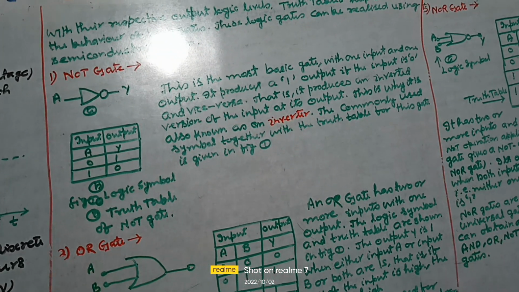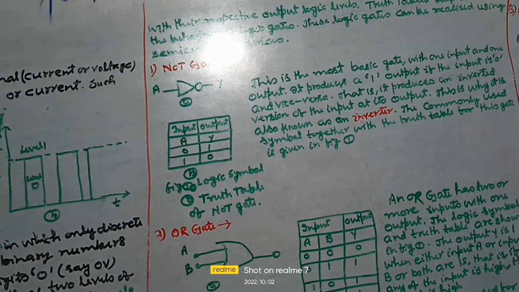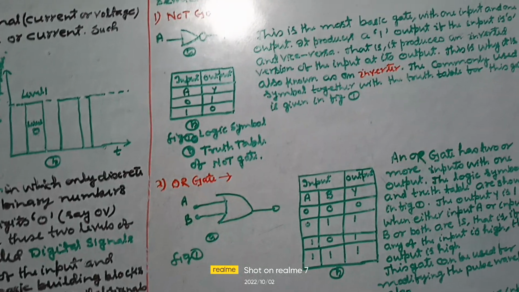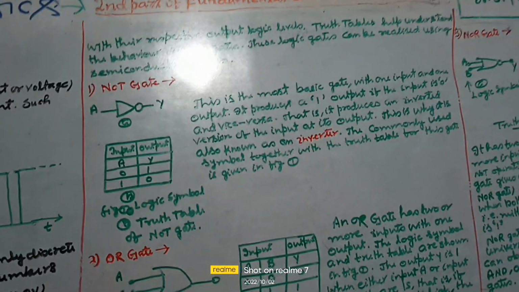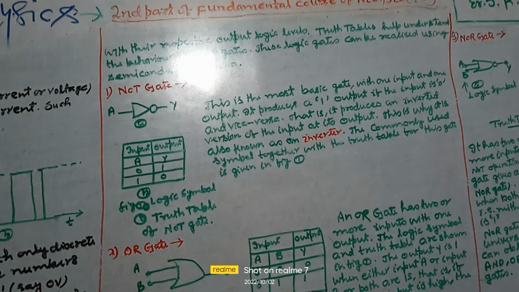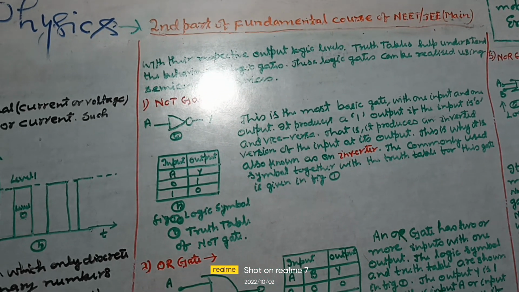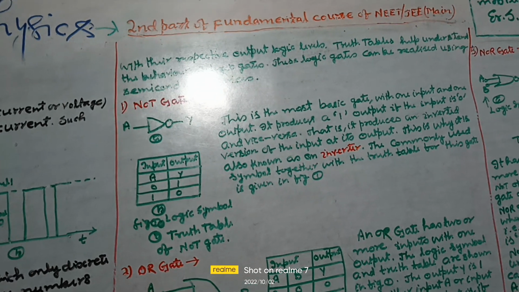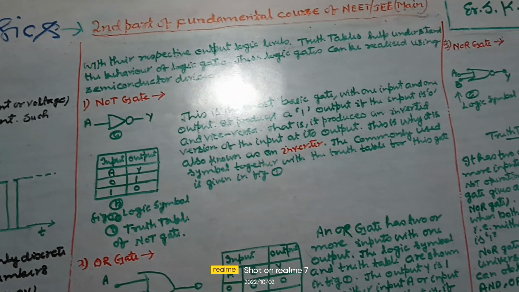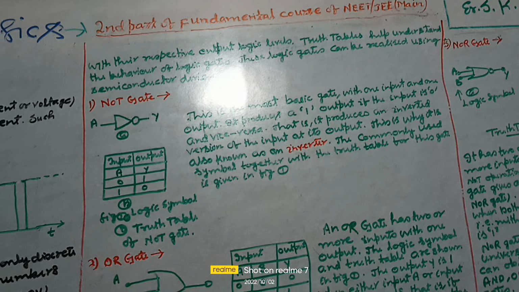These logic gates can be realized using semiconductor devices. First, NOT gate. The logic symbol and truth table are shown in figure 1a and b. This is the most basic gate with one input and one output.